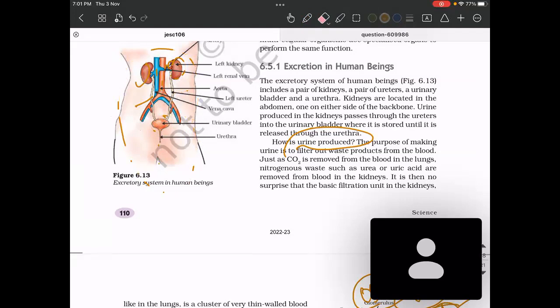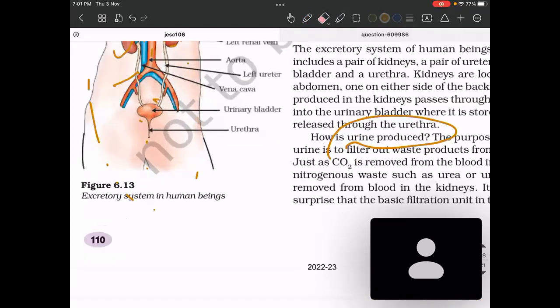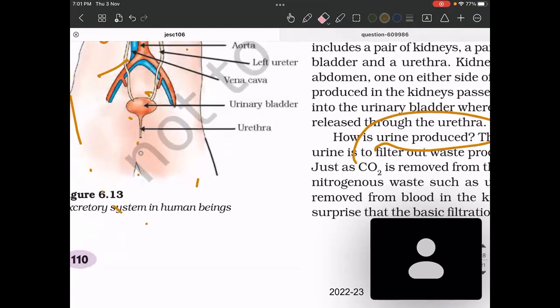In humans, in males, the urethra is connected to the external genitalia, the penis. So the seminal fluid and the urine are excreted through the urethra, a common passage for urine and seminal fluid in males.